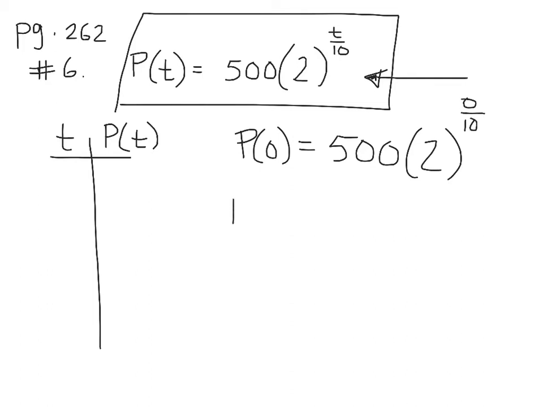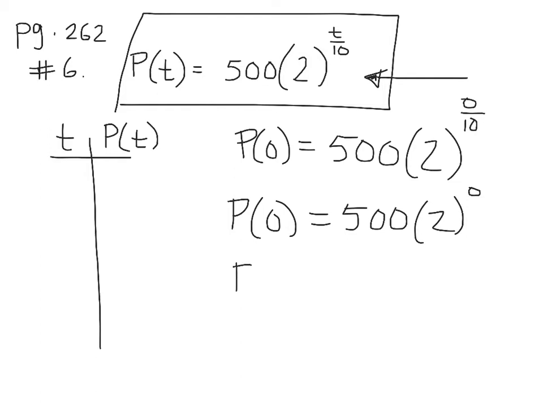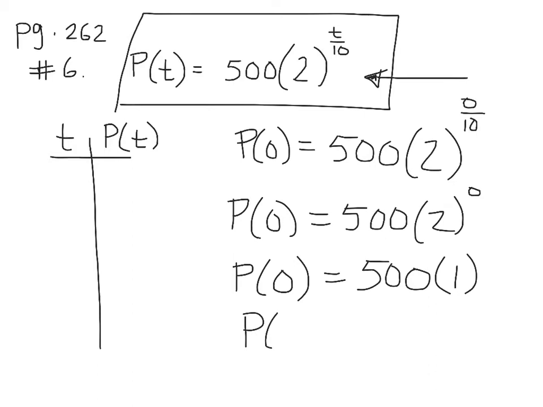The exponent is going to be 0 divided by 10, which is 0. And basically, when any exponent is 0, 2 to the power of 0 is just a 1. So you could see that the initial population of bacteria is 500.